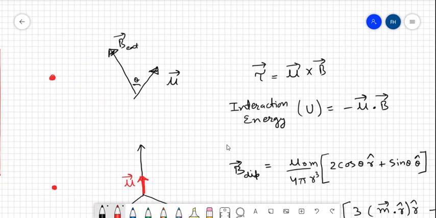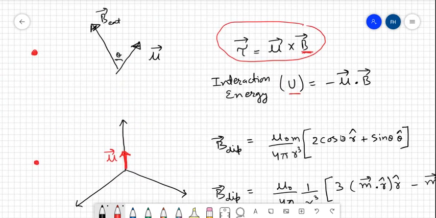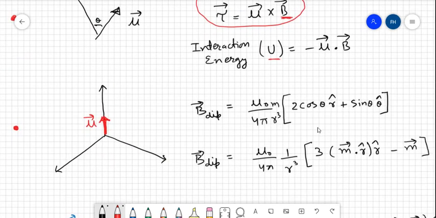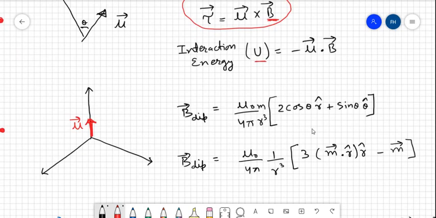So this is the torque produced on the magnetic dipole in the presence of an external field, and the interaction energy is minus mu dot B. The magnetic field produced by the magnetic dipole moment is mu naught m by 4 pi r cube, times 2 cos theta r cap plus sin theta theta cap.